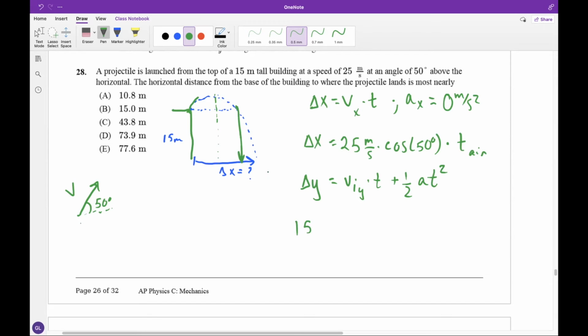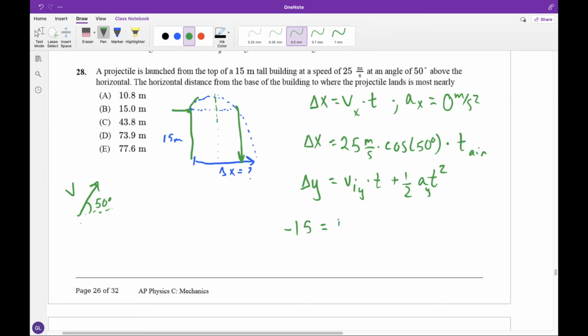Now, what do we do here with our directions? Well, we could say that it's down, so this is technically a negative. If we didn't have a velocity in the up direction or in an opposing direction, we would be fine. We could choose down to be positive. But here we're going to have to be a little more careful. We'll say that because the projectile is inclined at 50 degrees above horizontal, it's going to have a vertical component pointing up.